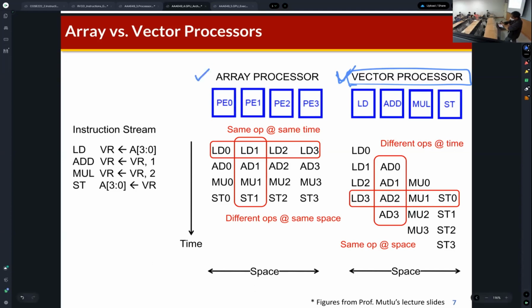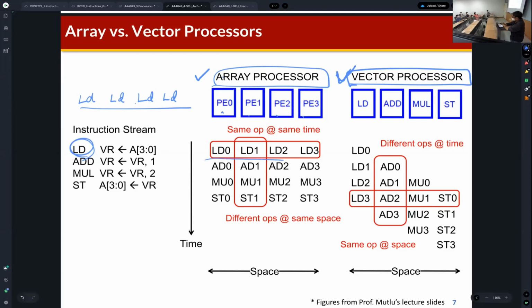And then there are some different types of processor, like the array processor. The array processor has multiple processing engines. So in the array processor, when the load instruction is executed, the array processor has the same number of load execution engines as the number of elements in a vector.